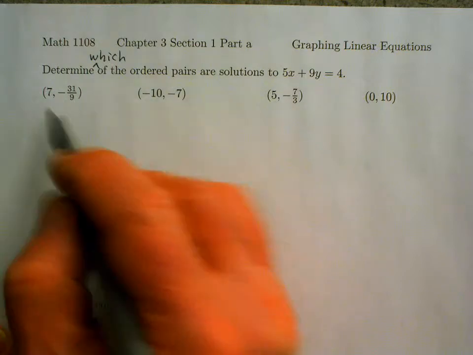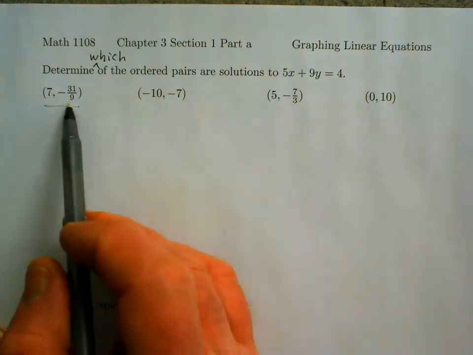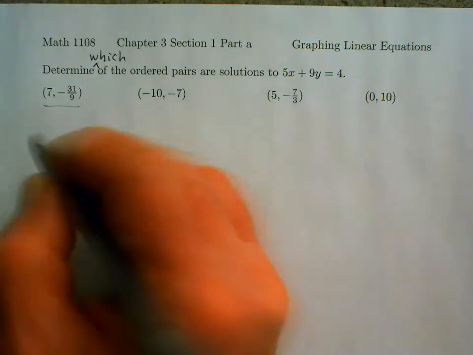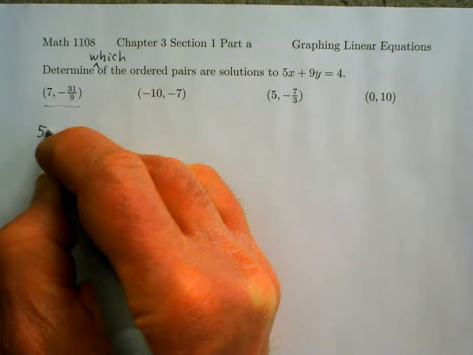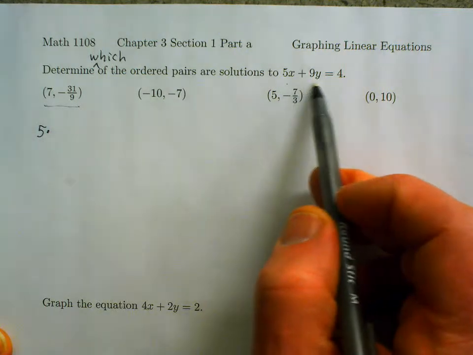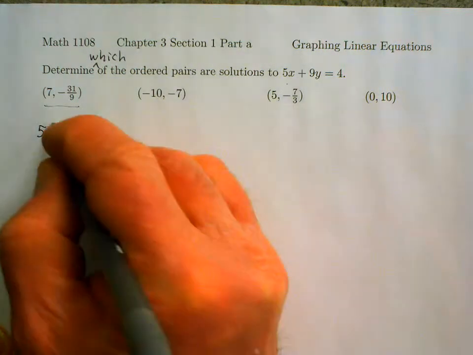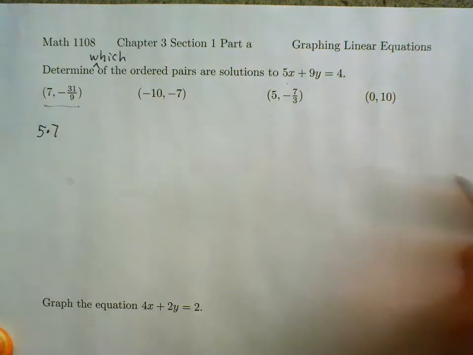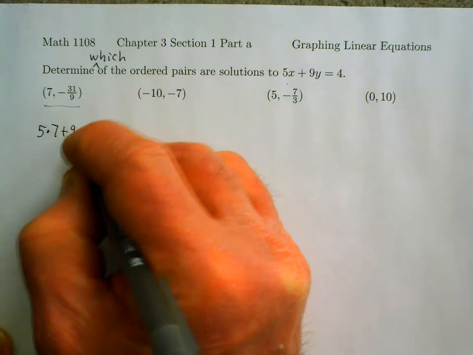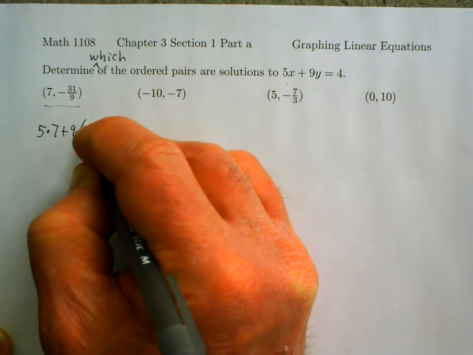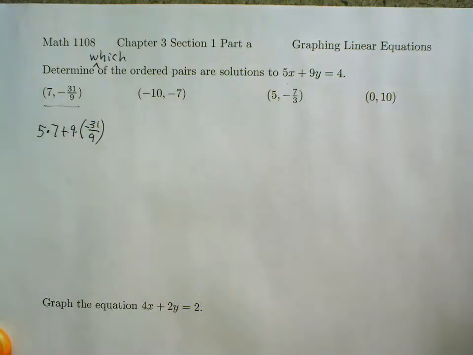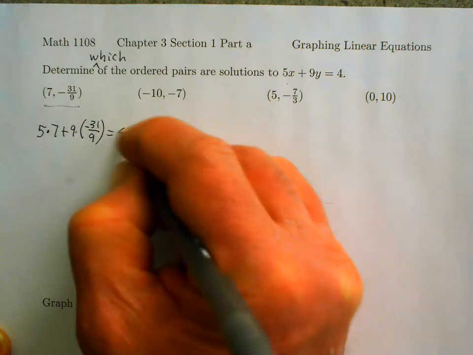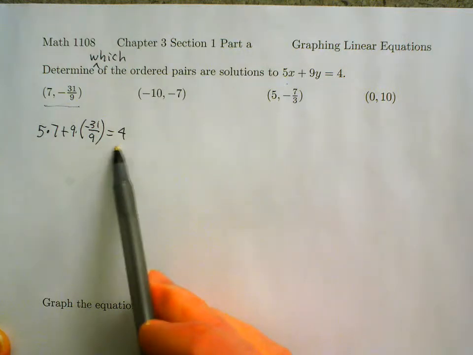So this first ordered pair, x is 7 and y is -31/9. So we can test this in the equation 5x plus 9y equals 4. Replace x with 7. Replace y with -31/9. And we want to see if it equals 4.